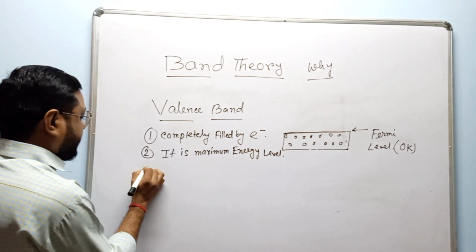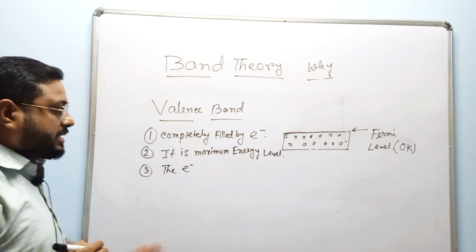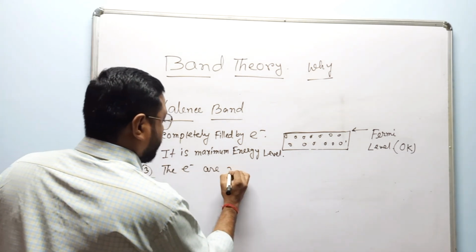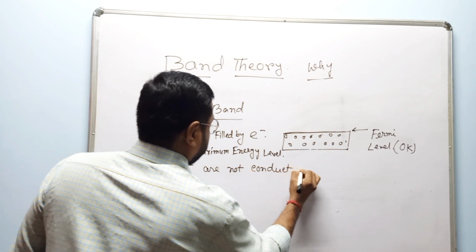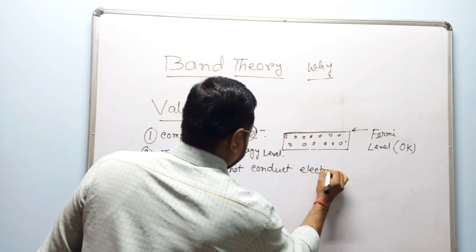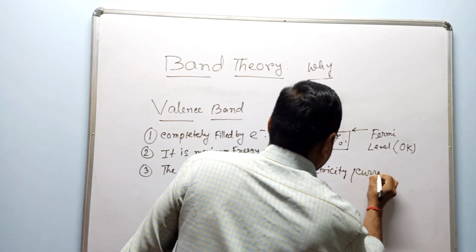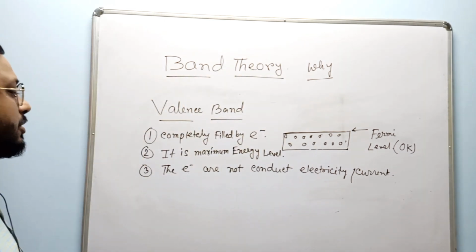Number 3, the electrons do not conduct electricity or current, because the electrons here do not gain sufficient energy from the electric field.